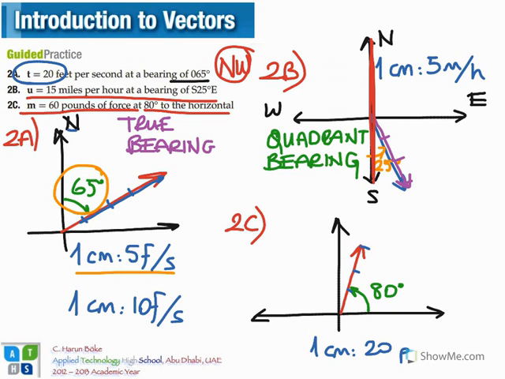You may have a scale of 1 centimeter to 10 pounds of force, so this means you're going to extend your vector to 6 centimeters. But in my scale it is 1 centimeter to 20 pounds, so it will be like this, 3 centimeters, and the degree will be 80 degrees with the horizontal through anti-clockwise or counterclockwise direction.